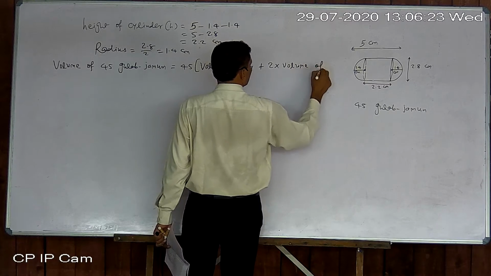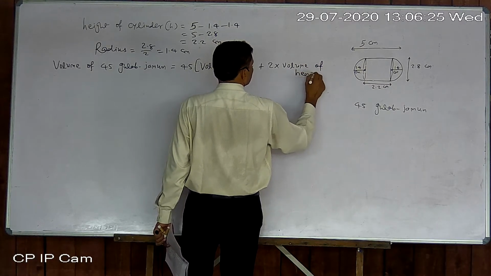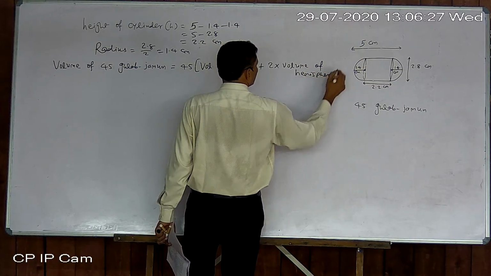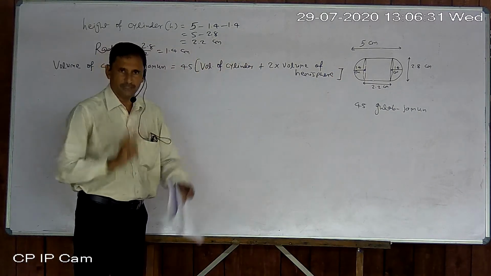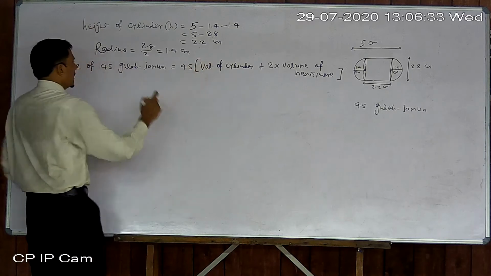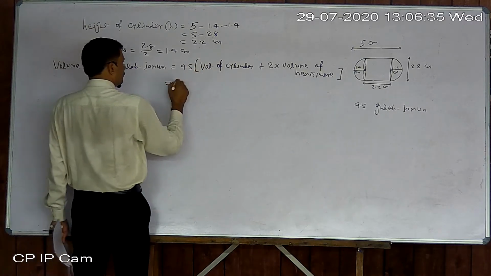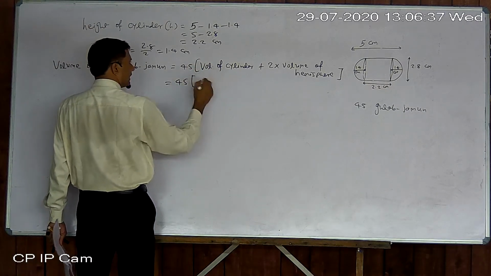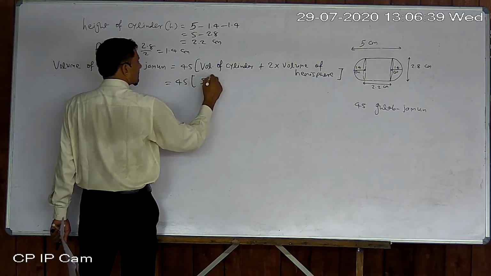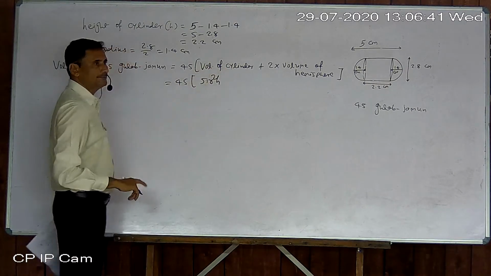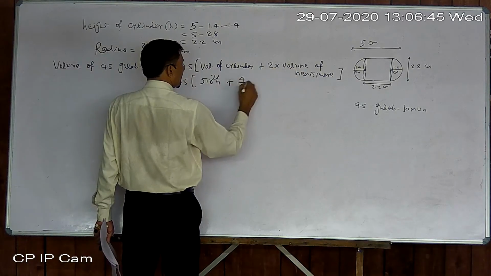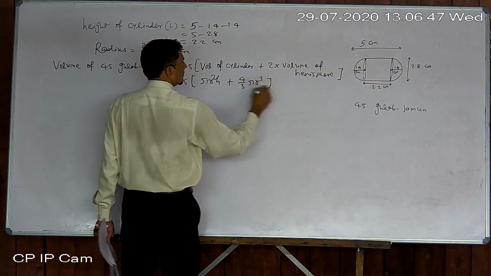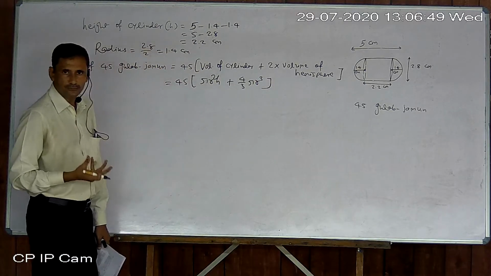You understand, 2 times the volume of hemisphere means the volume of a sphere, since 2 hemispheres means 1 sphere. So it is equal to 45 in bracket, pi r square h, the volume of the cylinder, plus the volume of 1 sphere, so write down 4 by 3 pi r cube.